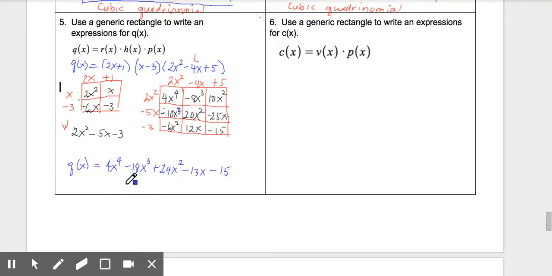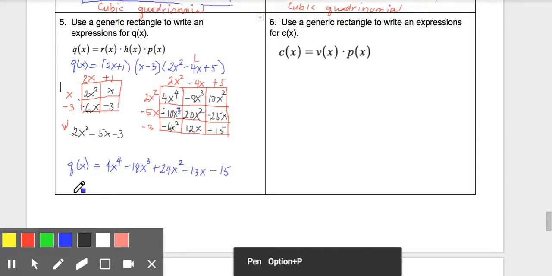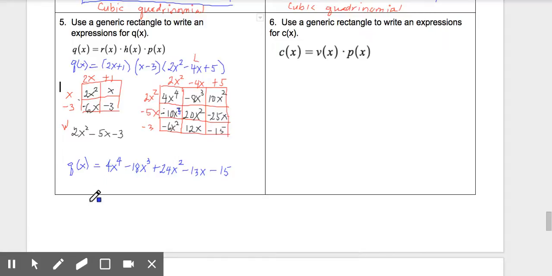So we notice that q of x has 1, 2, 3, 4, 5 terms. And the highest exponent is 4, or the degree is 4. So we will call this quartic. If the highest exponent is 4, we call it quartic.